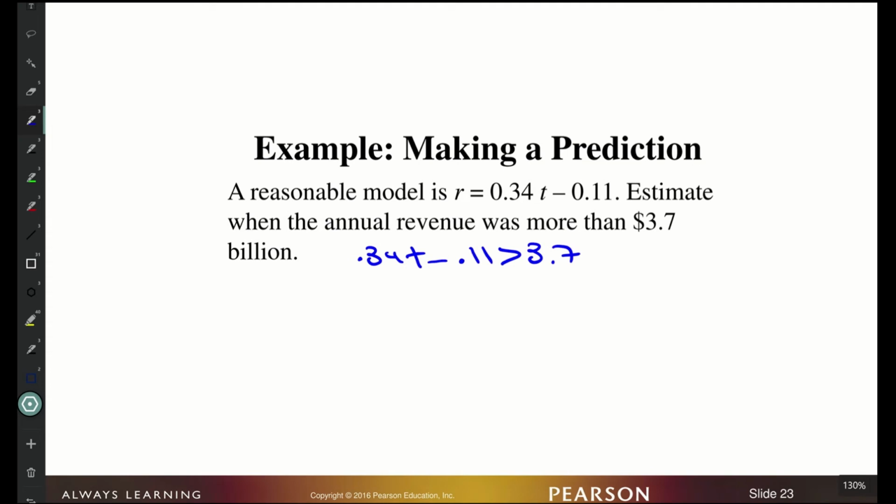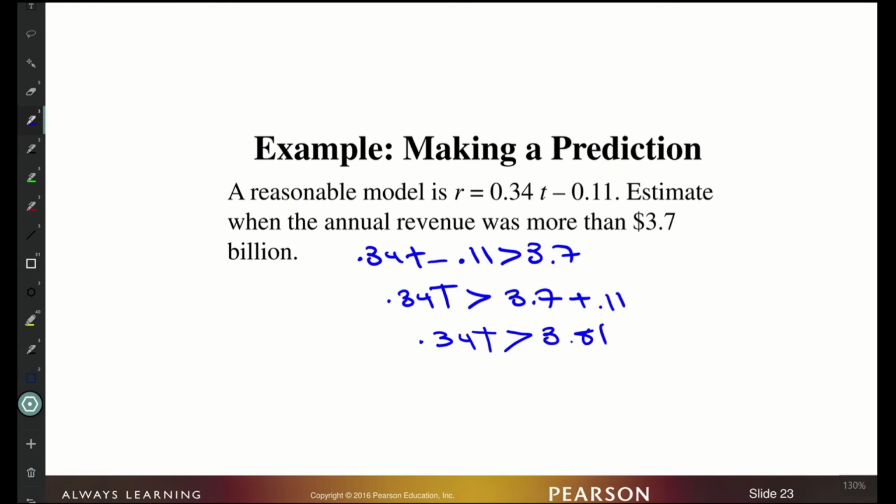So here we could clear the decimals, or we could just work with them. With decimals, if you're comfortable enough, it's usually quicker just to work with them. So we'll keep the 0.34t here, move the negative 0.11 to the other side, so we get 3.7 plus 0.11. So we get 0.34t is greater than 3.81.